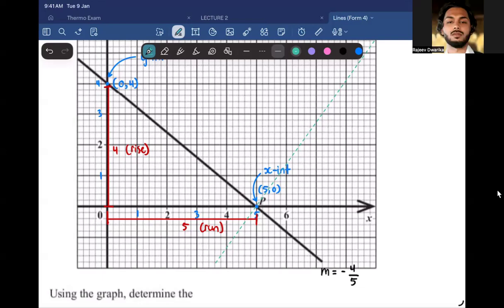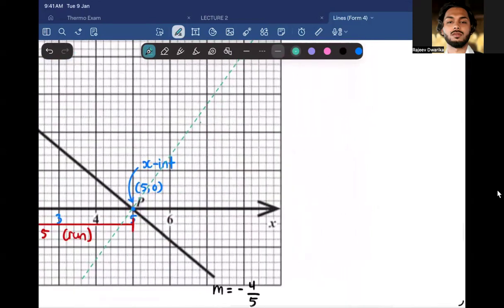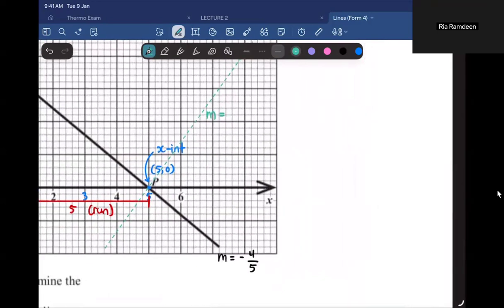Sounds like you forgot. Anytime two lines are perpendicular to each other, the gradients are the negative reciprocal of each other. If you just practiced, you would have it locked in. So all that means is you change the sign and flip it.